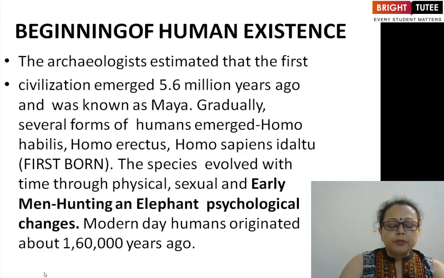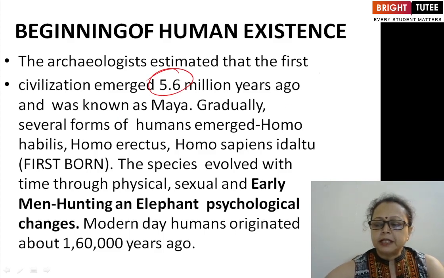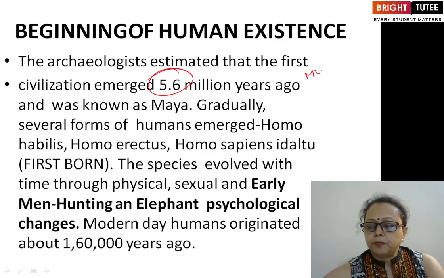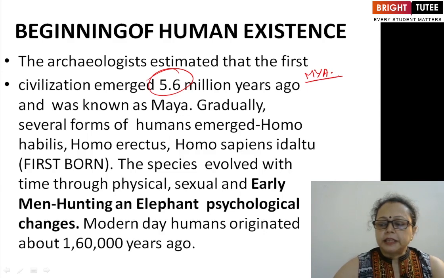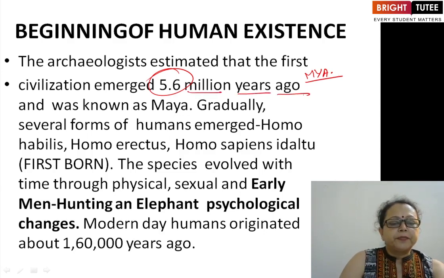Beginning of human existence: when did humans start existing or appear on the earth? Archaeologists estimated that the first civilization emerged 5.6 million years ago. MYA is the short form of million years ago.